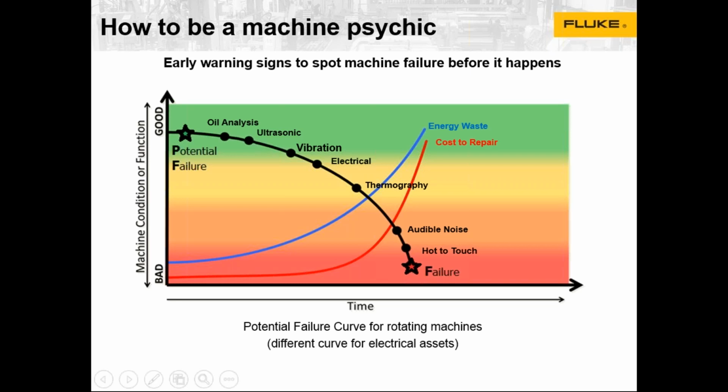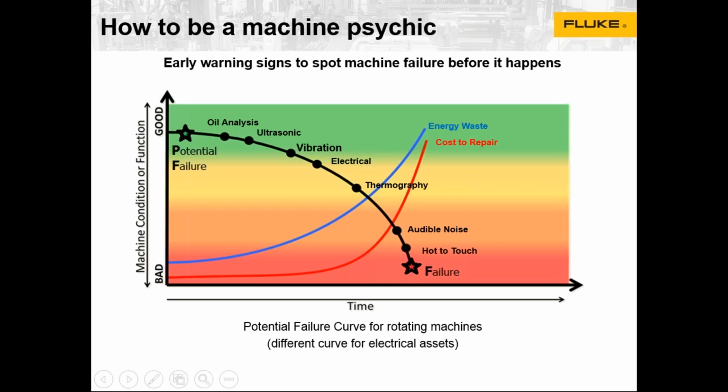Now, it used to be years ago that we would try to push our luck and get as low in this failure curve as we could before we repaired the machine, to try to get as much life out of the machine as possible. Well, we found out there were two problems with that. Number one is if we wait too late, the cost to repair is exponentially higher. Why?